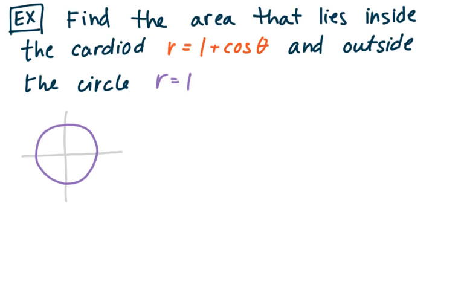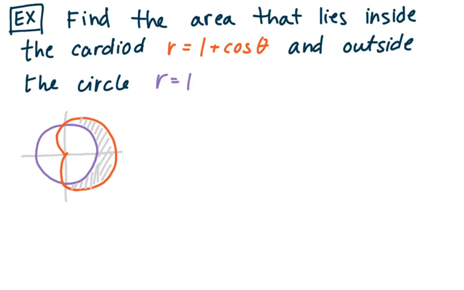A circle of r equals 1 is just the unit circle. And then this cardioid has a very nice intersection pattern, creating this sort of heart shape. So we are looking at calculating all of this region.